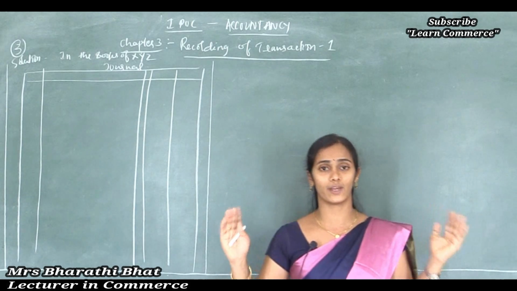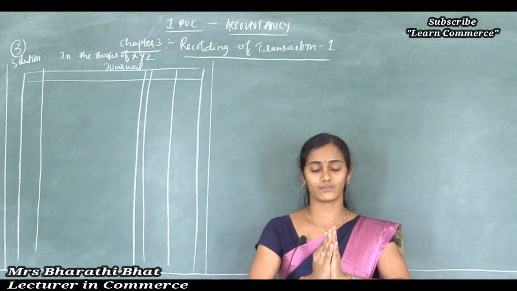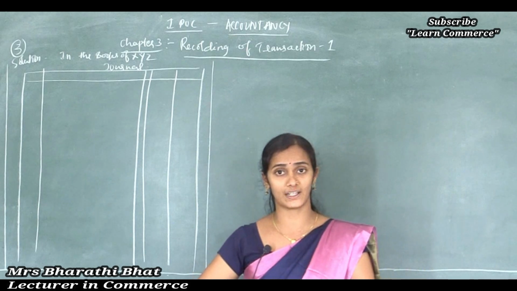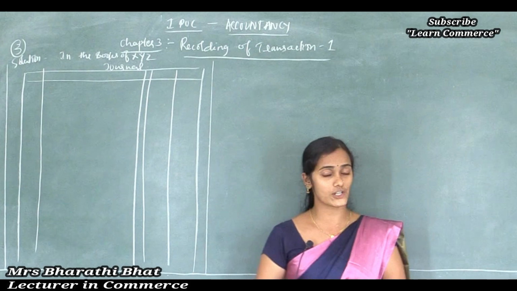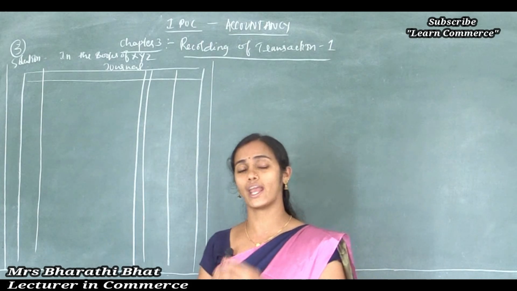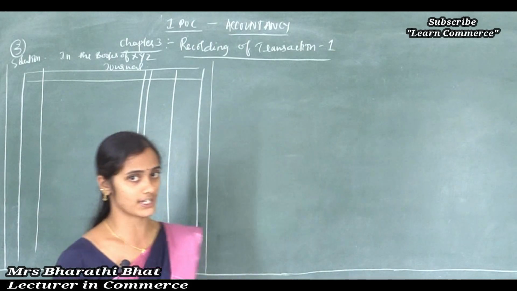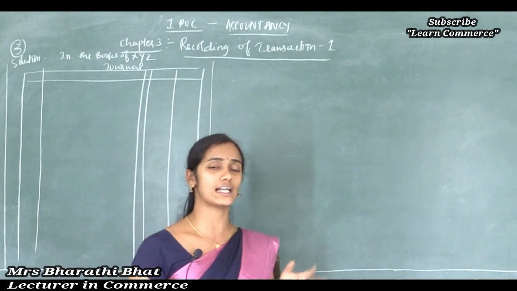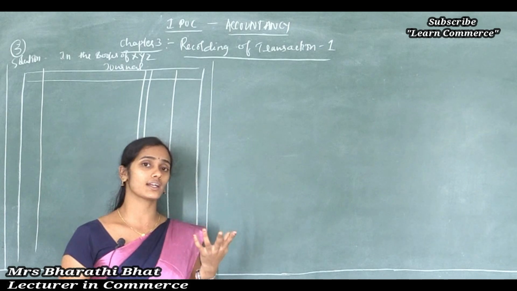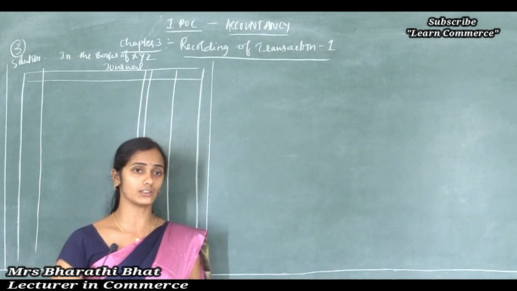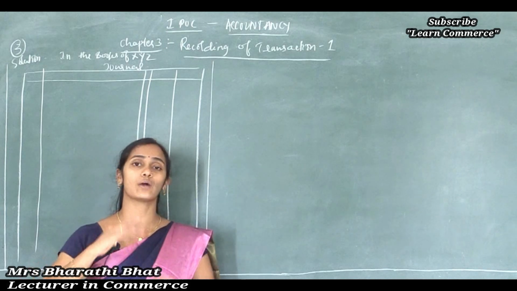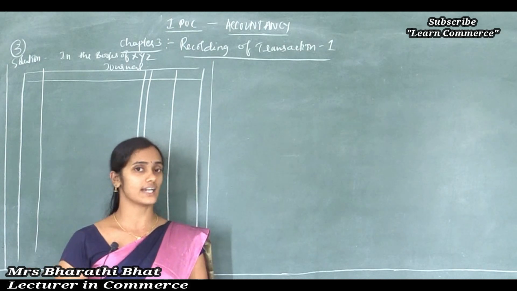Now we know very well about the classification of accounts and application of the rules of debit and credit, and we can easily pass the journal entries to any type of transactions, correct, right? Maybe a simple journal entry or compound journal entry, because we know how to categorize the transaction, how to classify the accounts, how to analyze the transaction, and how to apply the rules of debit and credit, right?